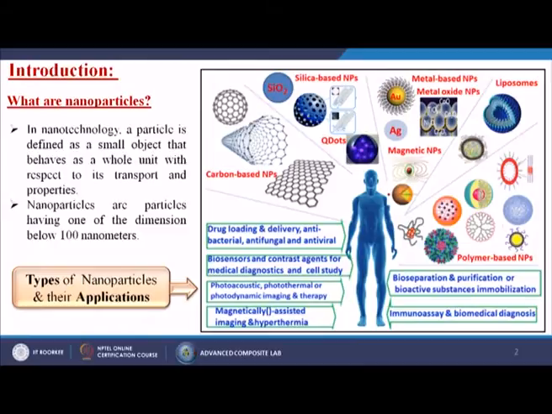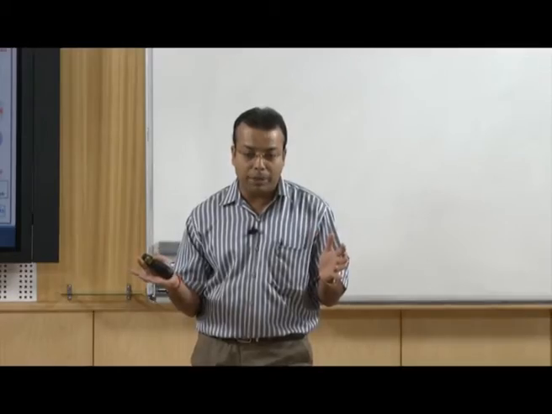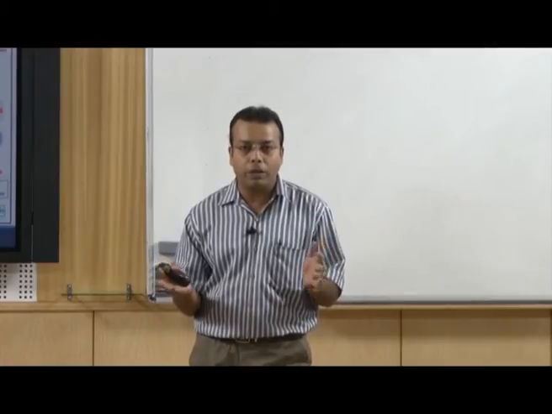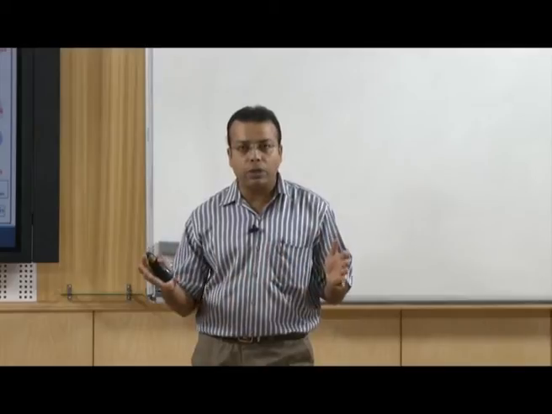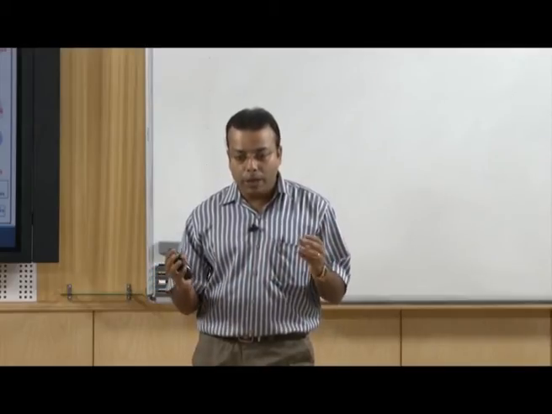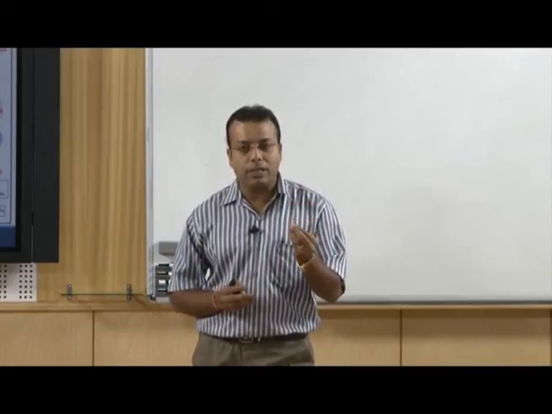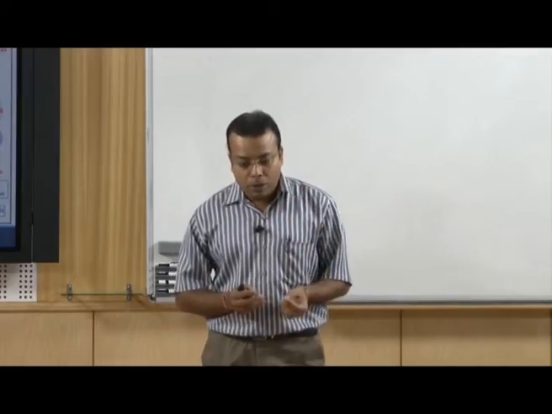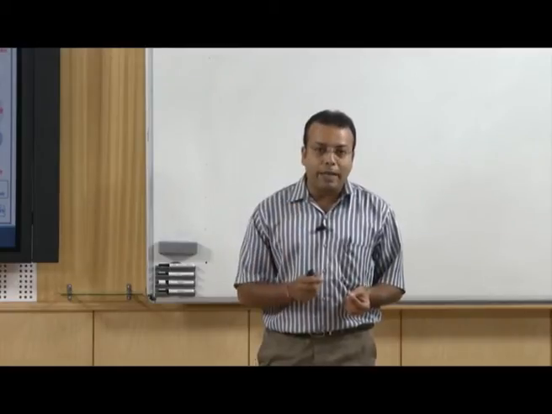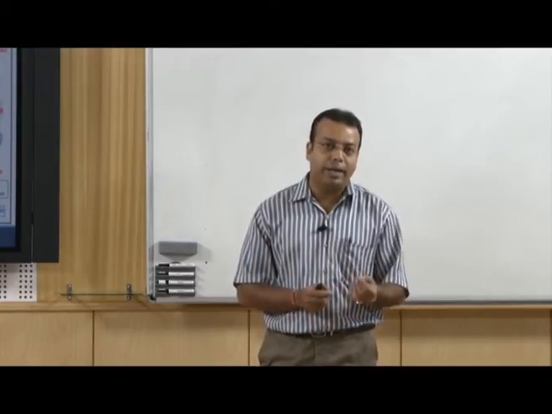As I told already, nowadays whatever materials we are dealing with in the environment, or whatever materials we are touching, these are all of macro size. But when we are talking about nano, it is 10 to the power minus 9 meter. So nanoparticles should be below 100 nanometers.